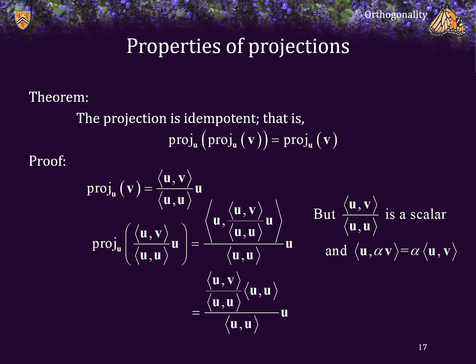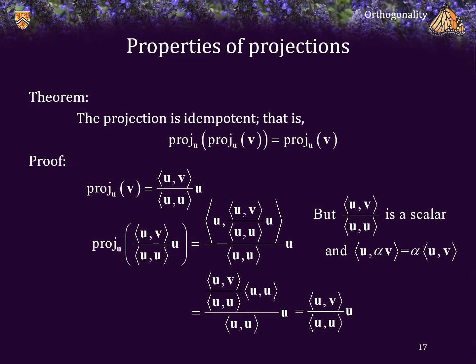But wait a second. Now take a look at the denominator of the ratio in the numerator. That's equal to the inner product of U and V. So those two terms cancel out.